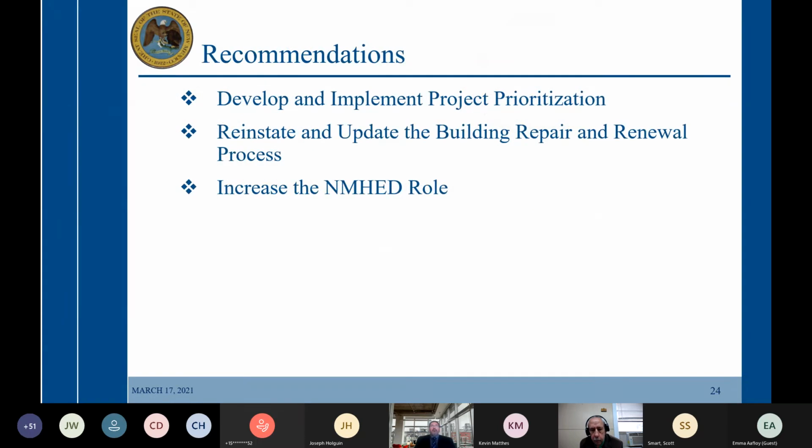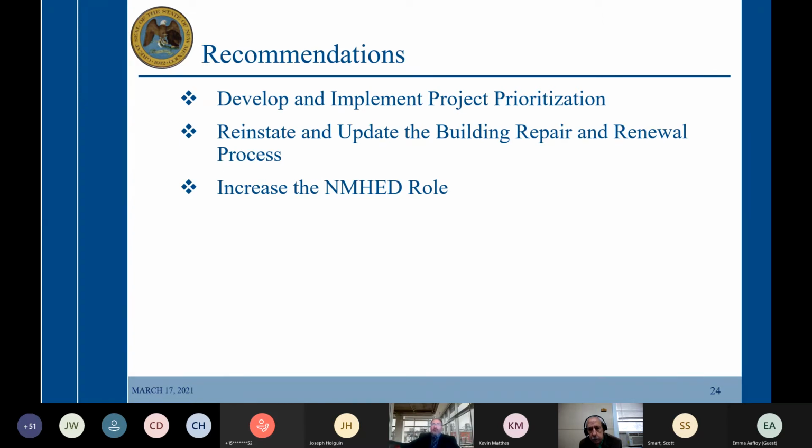So we recommended that NMHED develop and implement a project prioritization process, something that would allow for the goals to be changed or tweaked and incentives provided to get the results that we want. We also, with the universal concern over aging infrastructure, recommended that New Mexico reinstate and update the building repair and renewal process.